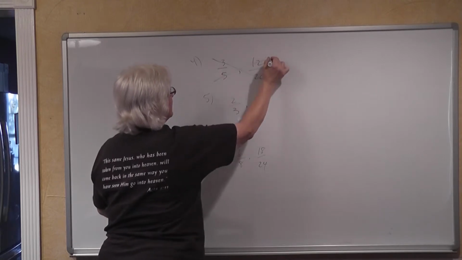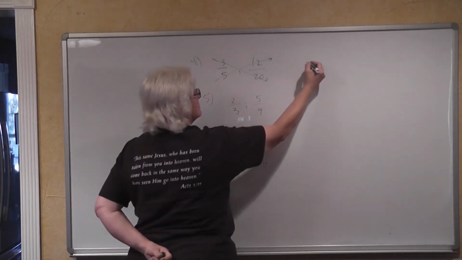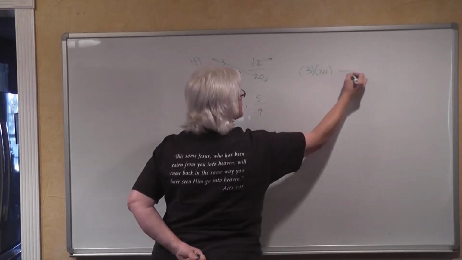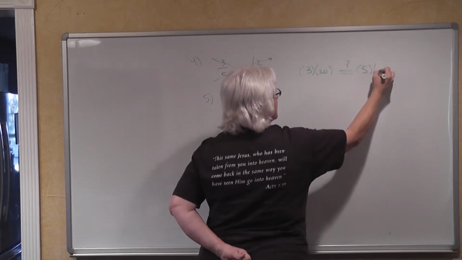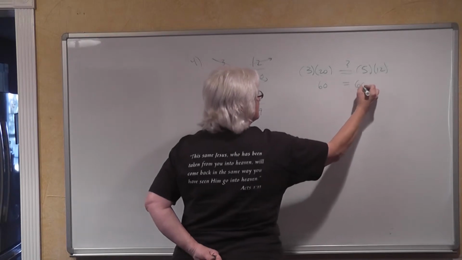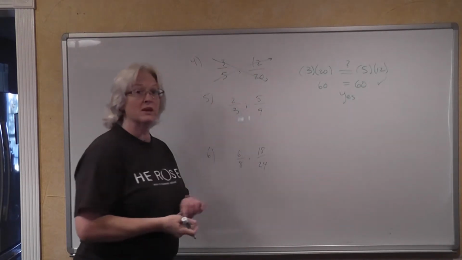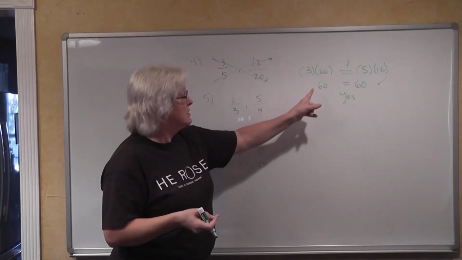And we're multiplying. Remember, products are multiplication. So we're saying 3 times 20, is that equal to 5 times 12? 3 times 20 is 60, 5 times 12 is 60. So these values right here, these 60s, are the cross products.